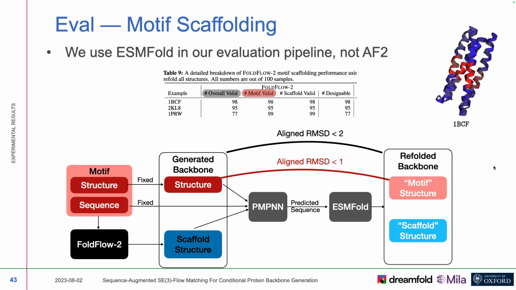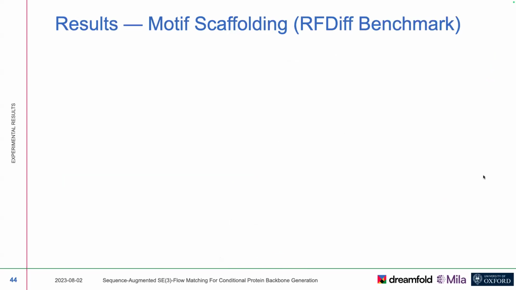And so that has a stricter criterion for designability. And then lastly, you want to know, is the scaffold itself designable as well? And so, if you have all of these criteria satisfied, then you say that the motif scaffold is designable.